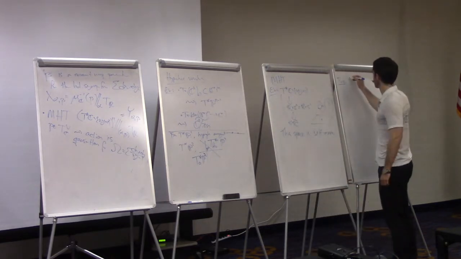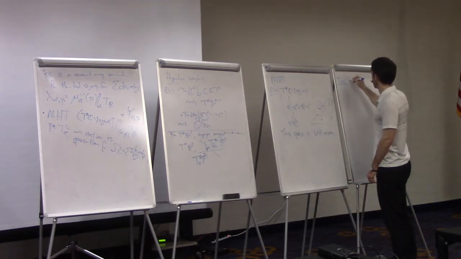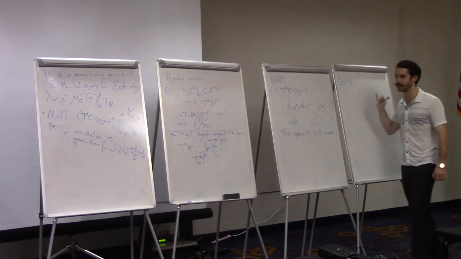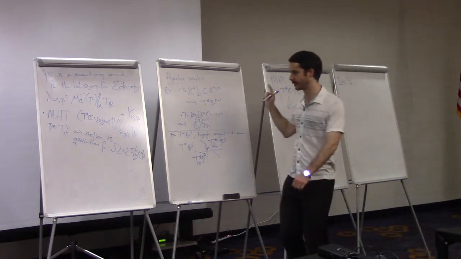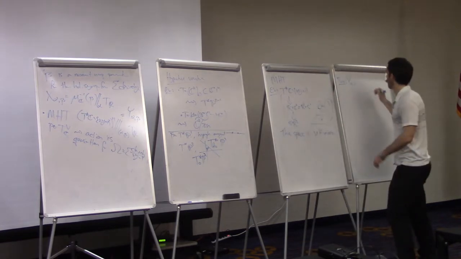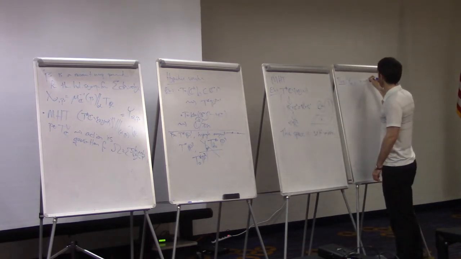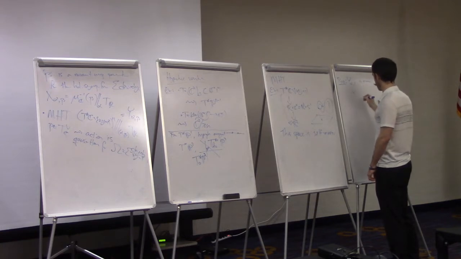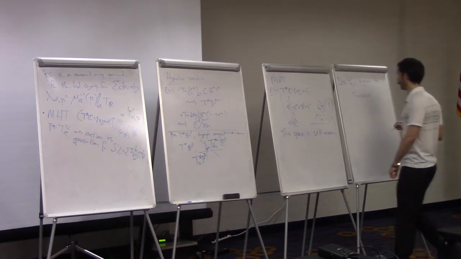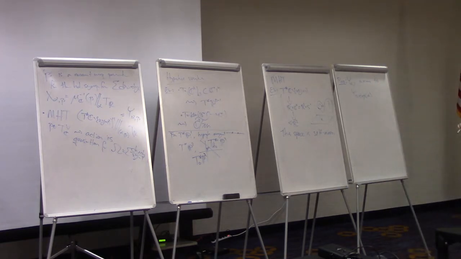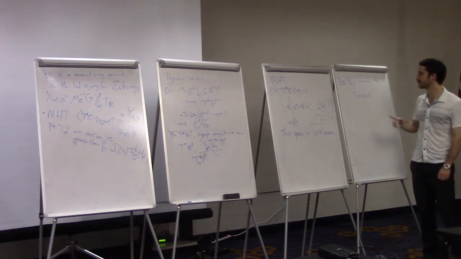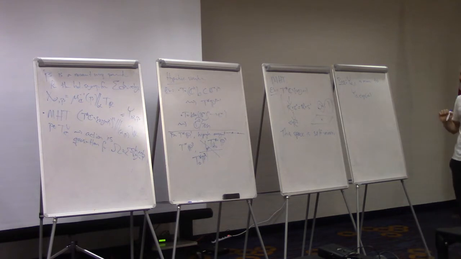The statement that I'm going to be interested in is that Y_{alpha,1}, so when beta is 1, that's the trivial moment map parameter, is mirror to X_{exp(alpha)}.